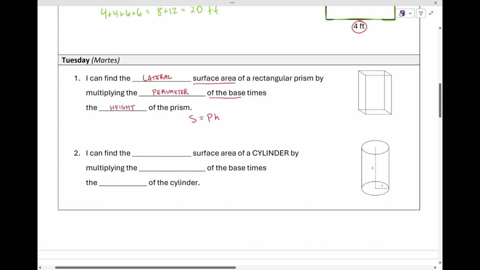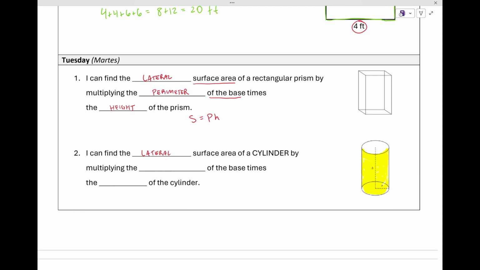Now let's see if we can apply the same logic to a cylinder. So just like with prisms, a cylinder is going to have a lateral surface area and a total surface area. Lateral is just the part on the sides, so just like this. Okay, the part wrapping around, if it was like a can of vegetables or something. That's going to be your lateral surface area.